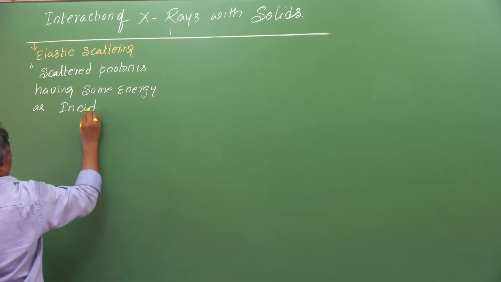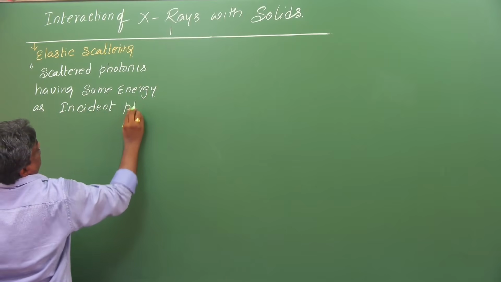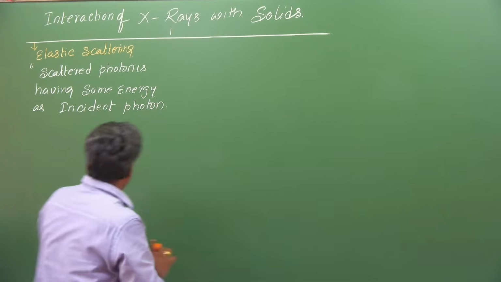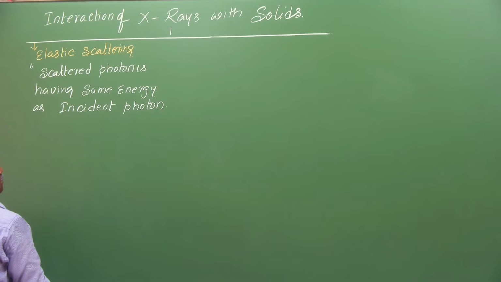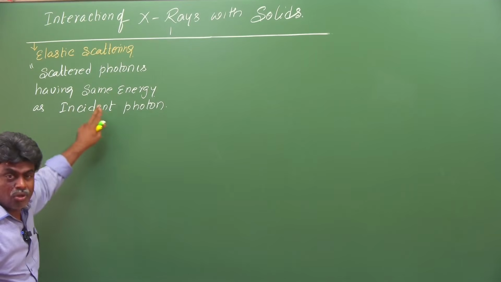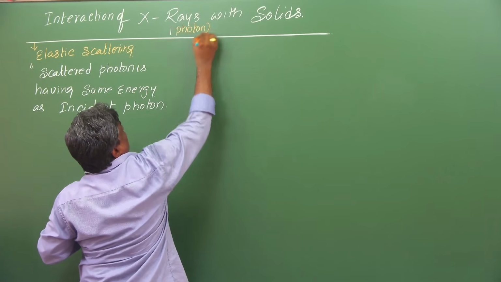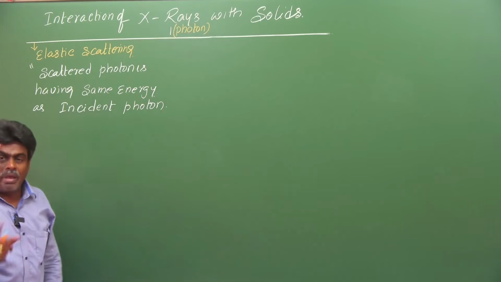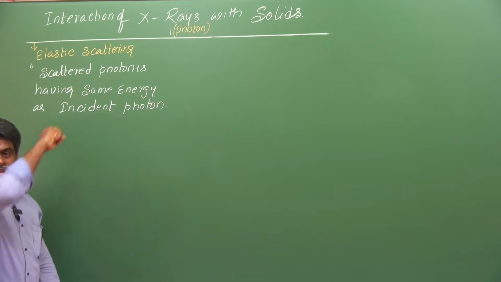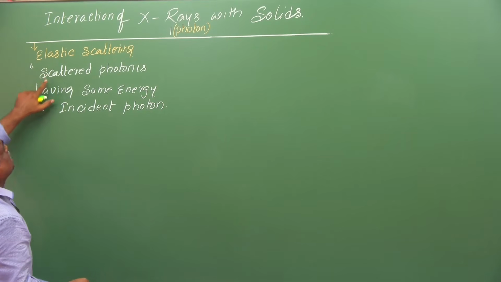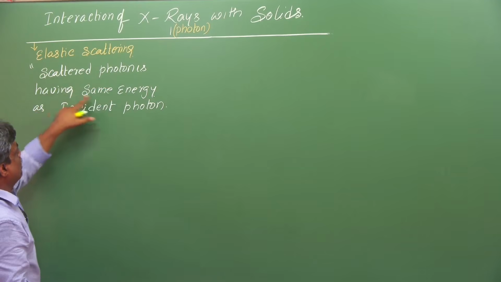The incident photon. For example, you have considered a lattice. Photon or phonon? It's a photon. X-ray is a photon. And we are studying the existence of phonons with the help of this scattering. What is meant by elastic? The scattered photon.